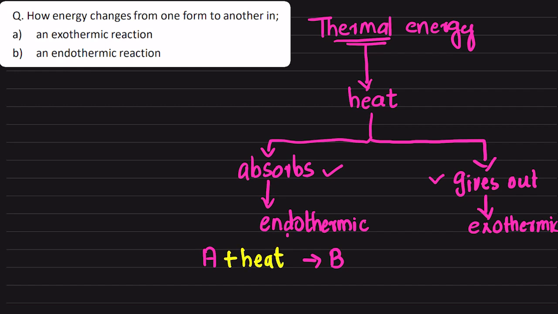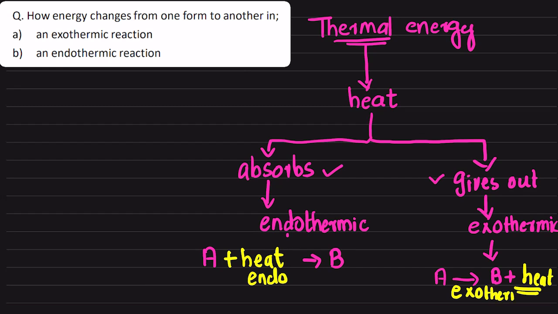When it absorbs heat, that reaction we call endothermic. Another example, for an exothermic reaction, A gives B plus it releases heat. In this reaction, it gives out heat, that we call an exothermic reaction.